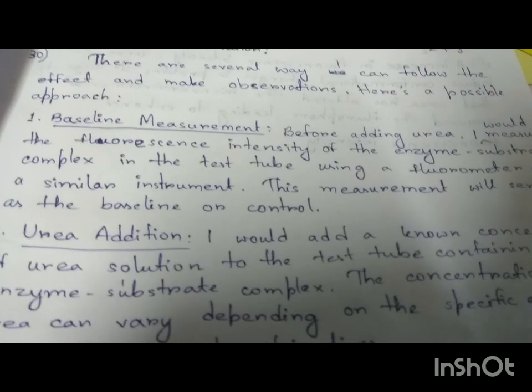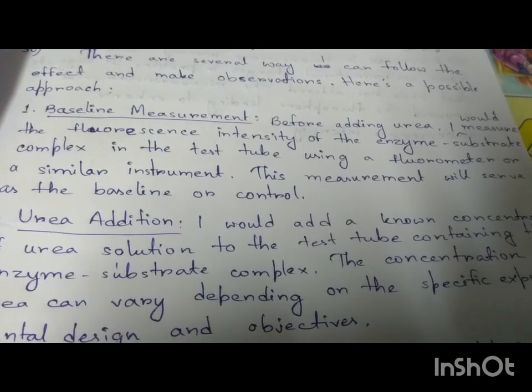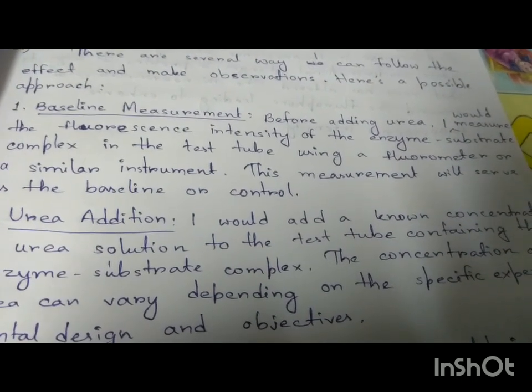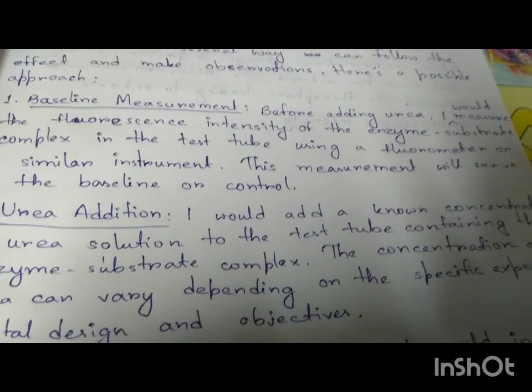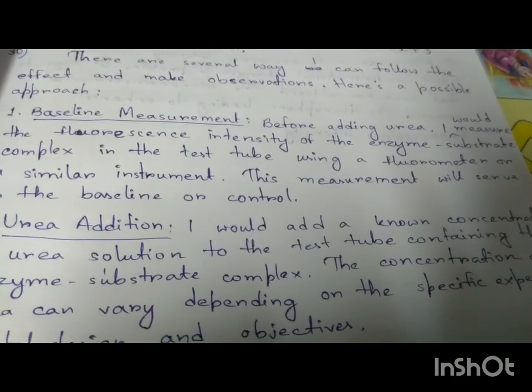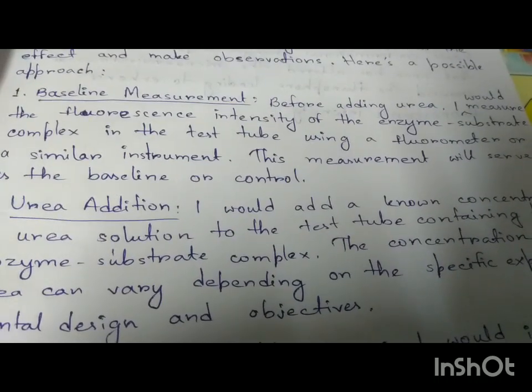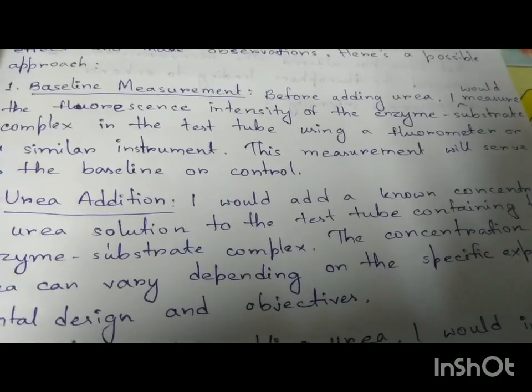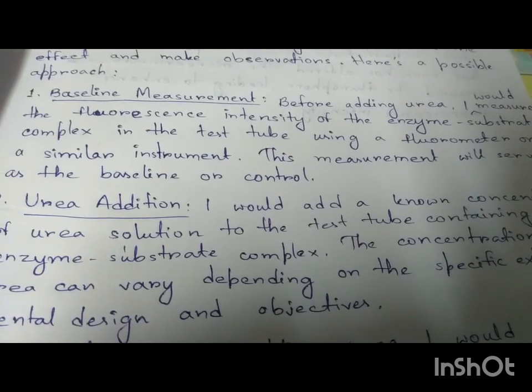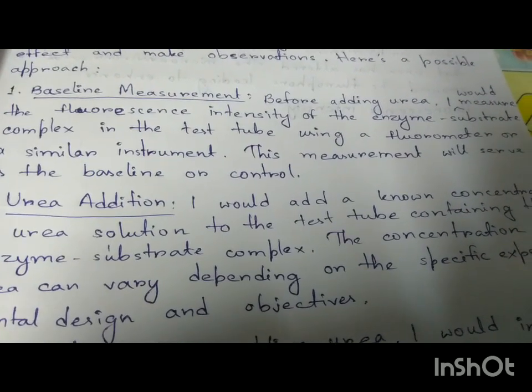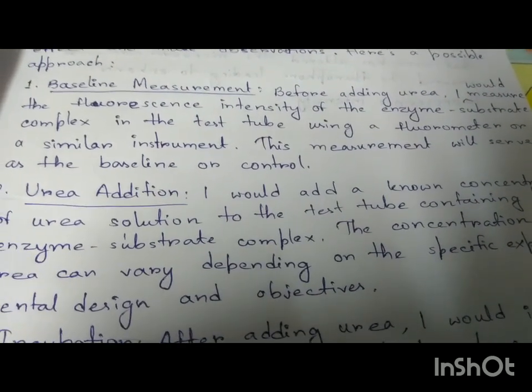Here's a possible approach. Number 1. Baseline measurement. Before adding urea, I would measure the fluorescence intensity of the enzyme substrate complex in the test tube using a fluorometer or a similar instrument. This measurement will serve as the baseline or control.